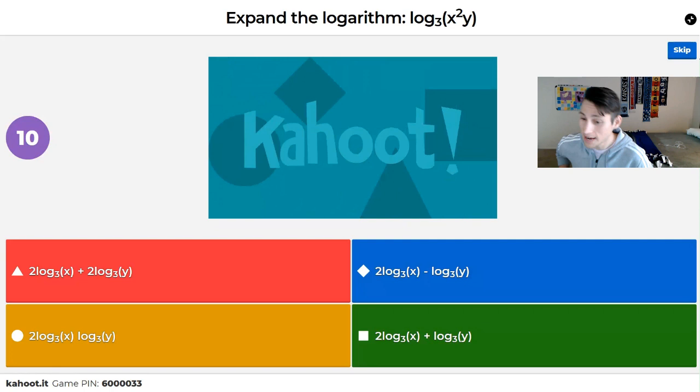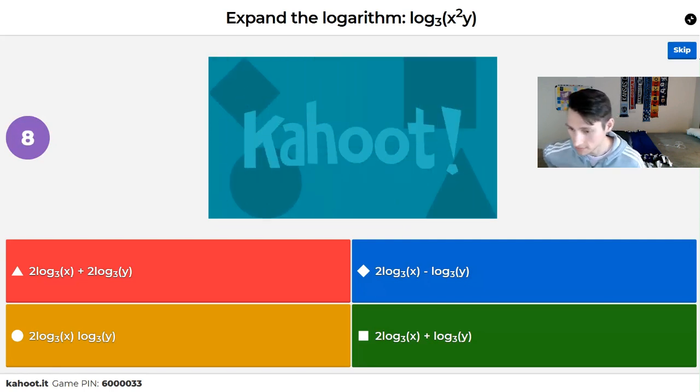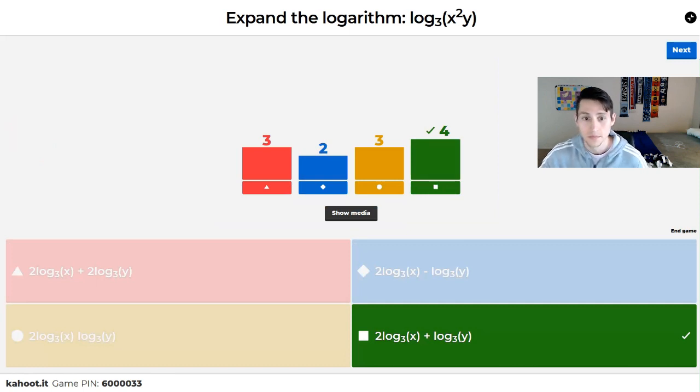Well, I don't have to imagine it because I'm already doing it. 2 log base 3 of x plus log base 3 of y. So since x squared and y are being multiplied, we can split those up using addition. And then that exponent of 2, we can move to the front as a coefficient.